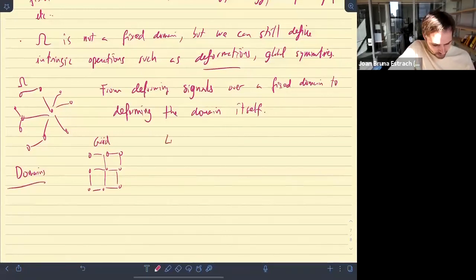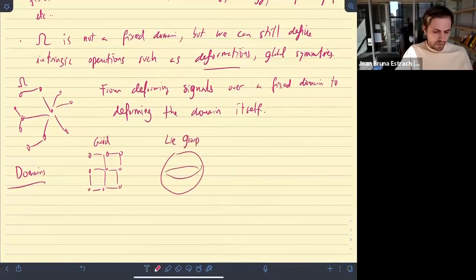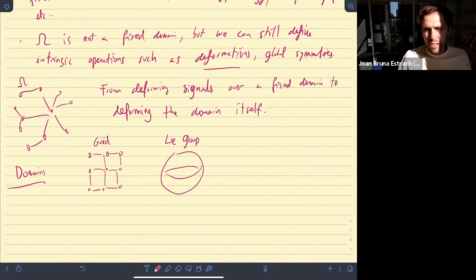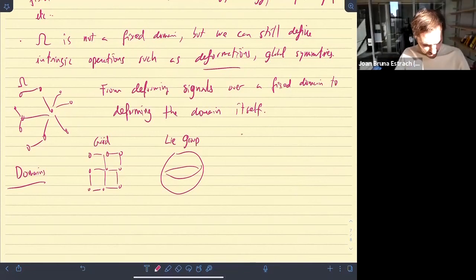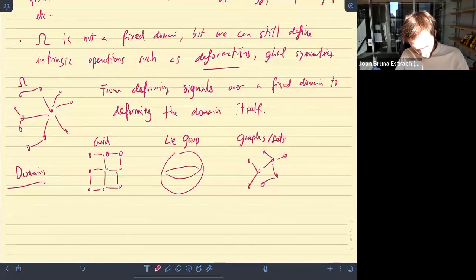We also saw today, without too much pain, how to go from a grid to a general group where we can still define the same architecture, the same convolutions, etc. Then we can also think about more general domains that involve graphs and sets, or even another kind of domain where we can apply the same ideas: manifolds or meshes.